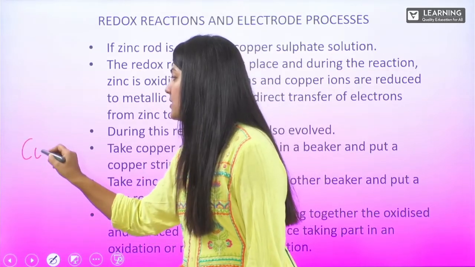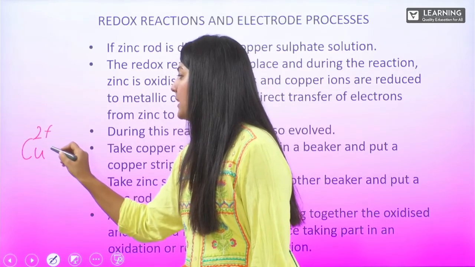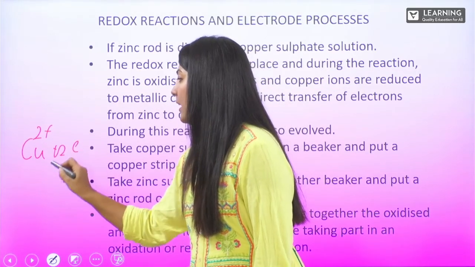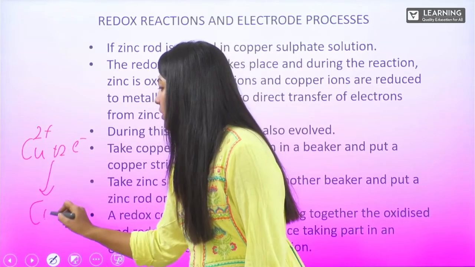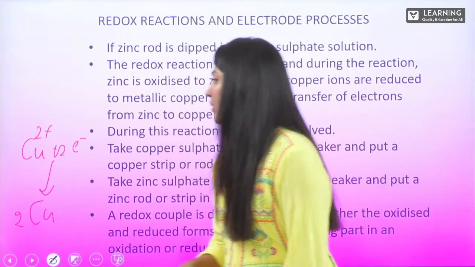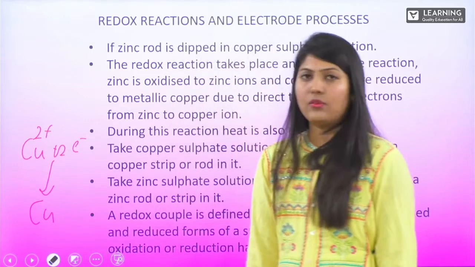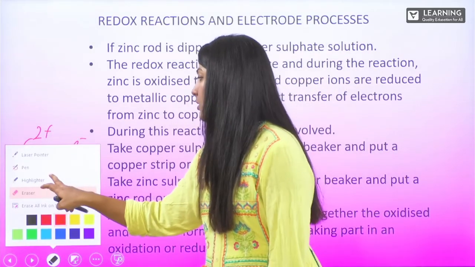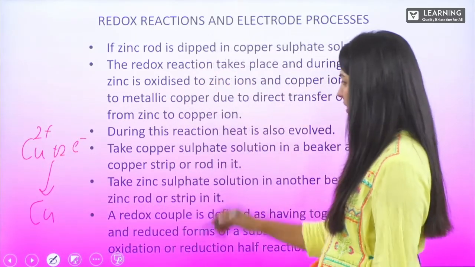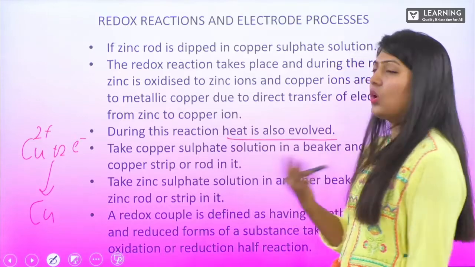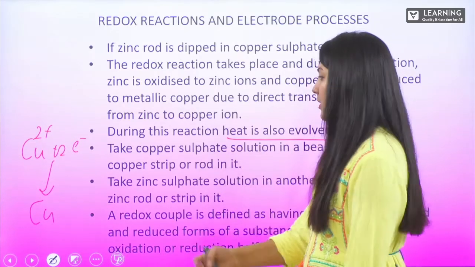That is Cu2+ will gain 2 electrons and we get Cu atom, the metallic copper. During this reaction, heat is evolved because it is an exothermic reaction.